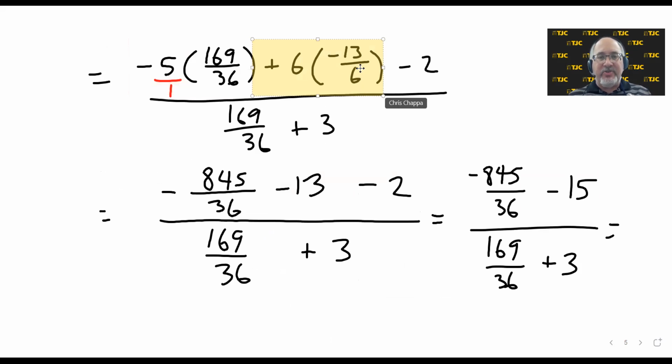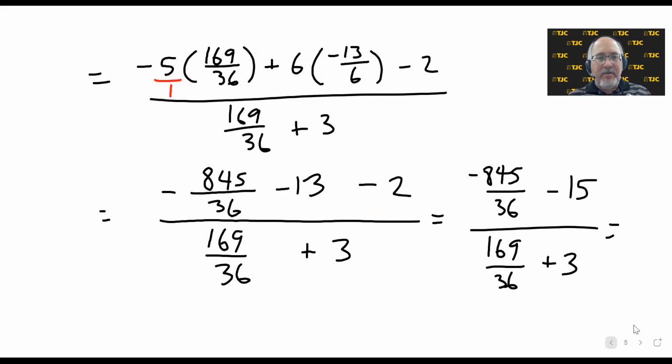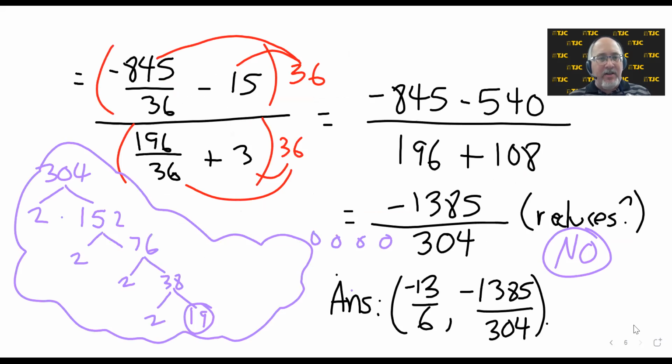Here the 6's cancel, leaving a negative 13, minus 2. Nothing happened there. Negative 13 minus 2 is negative 15. Everything looks okay there. Making sure I copied it correctly.